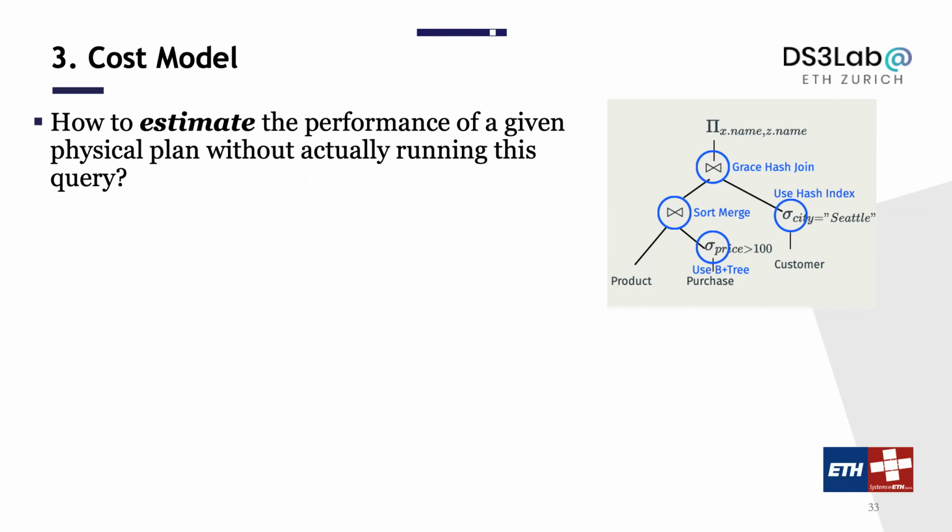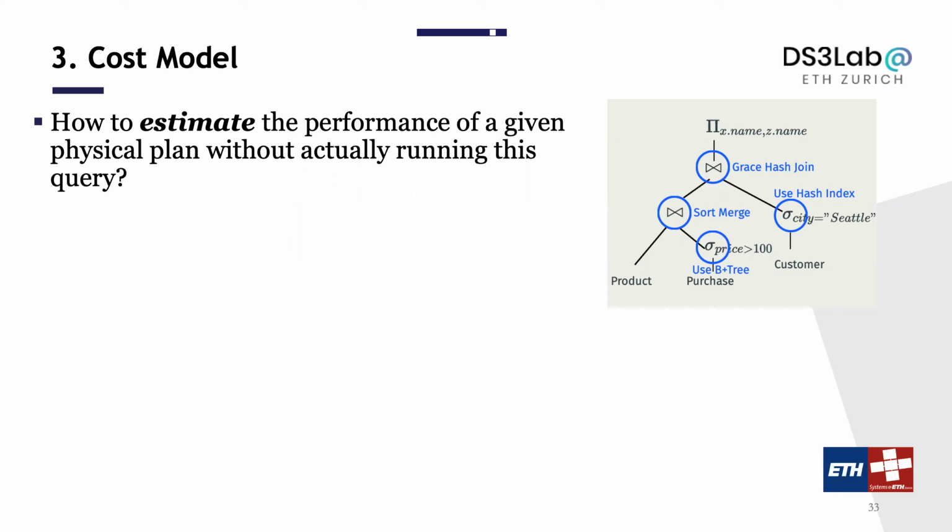The cost model essentially, you have a physical plan in my search space, and I know it is semantically equivalent to my input. I want to estimate how fast it is because I want to pick the physical plan that is fastest, right? But I do not want to run them to know the answer, because once I run any of those, I get the result, and I don't need to try another one anymore.